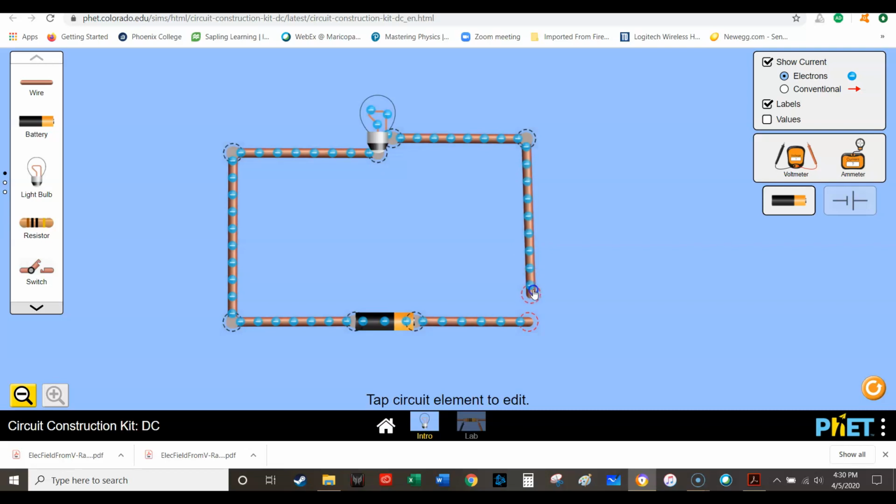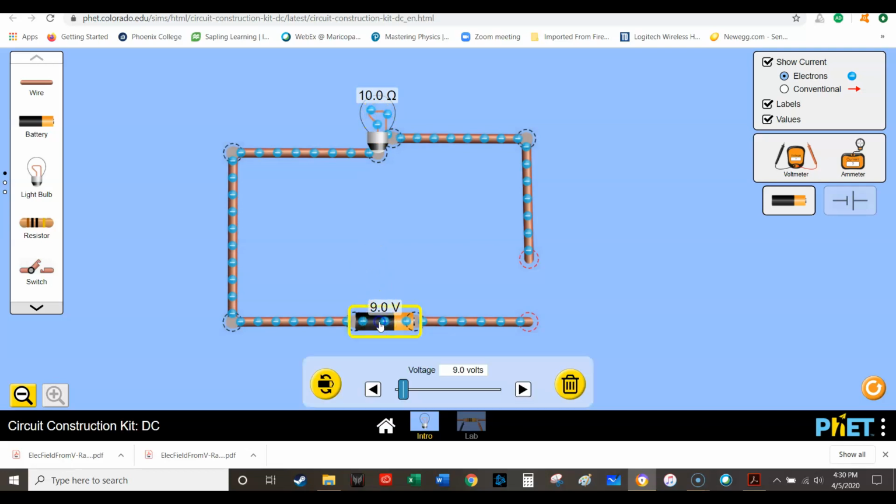So I'm going to go ahead and go down here and connect this up. Whoops, I'm going to show values, and I am going to change this value to 3 volts. Okay, there we go.